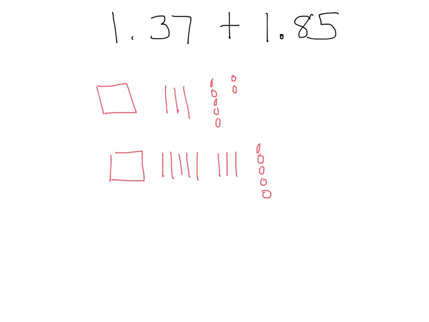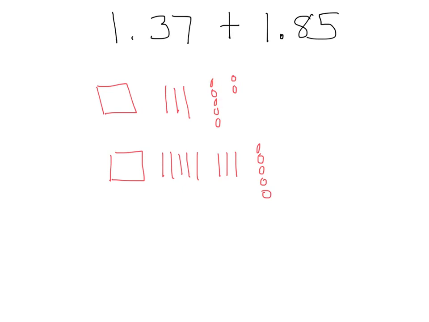Now you do exactly what you do with the stack and add. You start at the far right and you combine. Let's look at our hundredths. How many hundredths do we have?